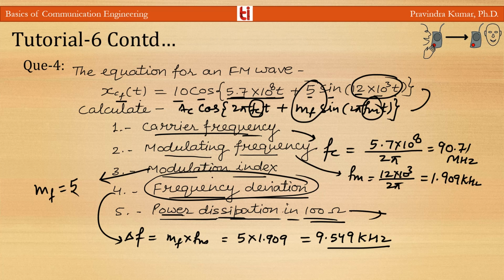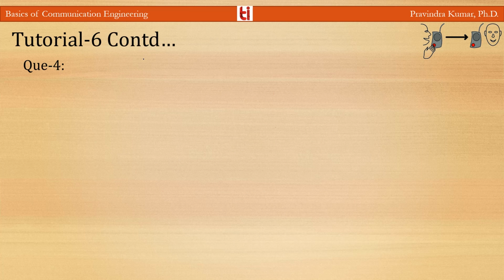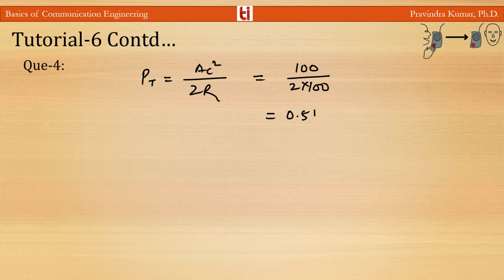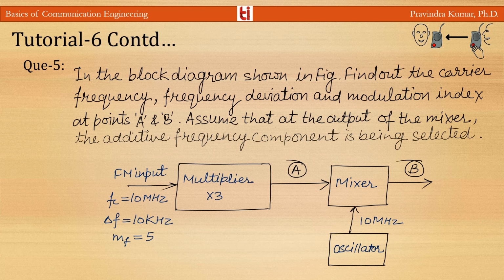You know the power dissipated or transmitted power is Ac square by 2R. R is 100 ohm. So the dissipated power in 100 ohm is Ac square by 2R, and Ac is 10, so 100 by 2 into 100, so it will be 0.5 watts. Now next question.